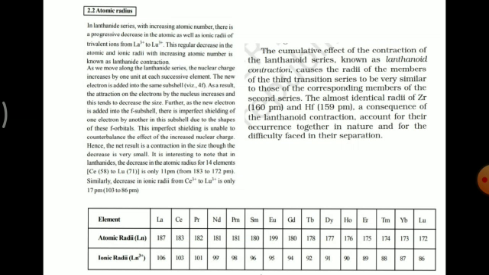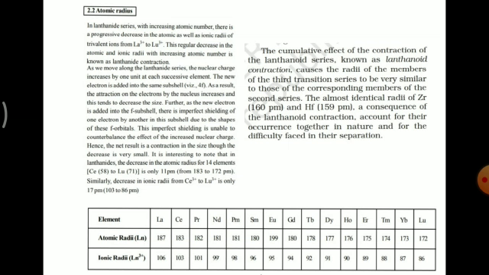There is ineffective screening effect of the f subshell. Since the new electron is added into the f subshell, there is imperfect shielding of one electron by the other in this subshell. The screening effect of the 4f subshell is ineffective, that is imperfect shielding. So this imperfect shielding is unable to counterbalance the effect of increased nuclear charge.